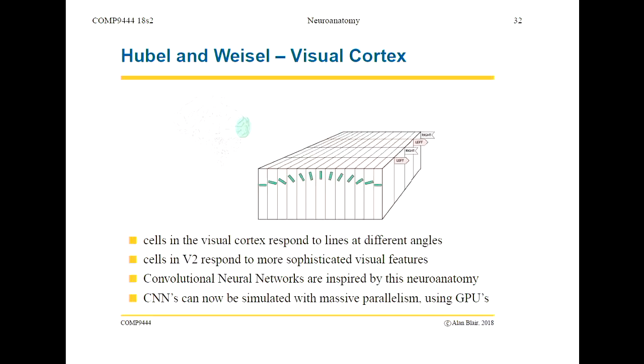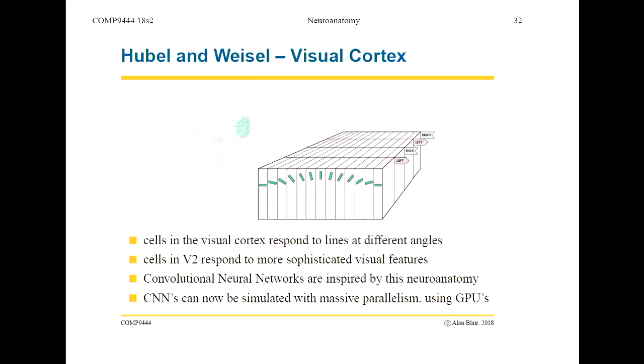And what they found is that certain neurons only respond to lines. If you see a line at a particular angle, there might be a neuron that only responds when you see a line at that particular angle. And there's another neuron that only responds if you see a line at another angle, and another one at yet another angle. And these neurons are arranged in a kind of geometric pattern.